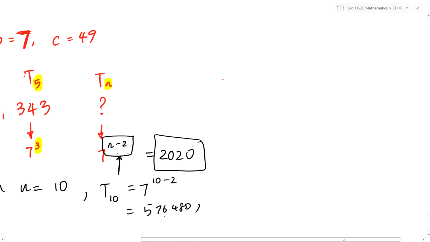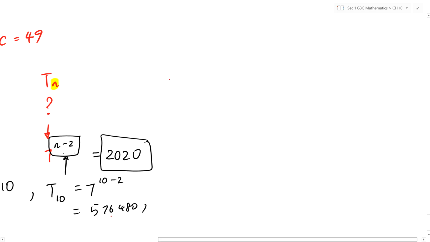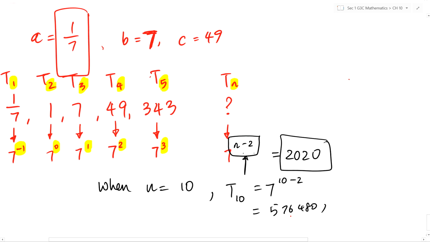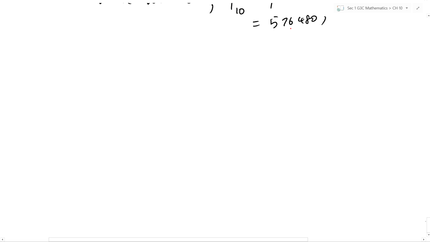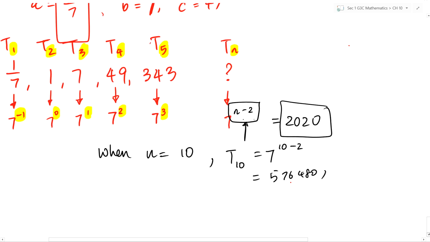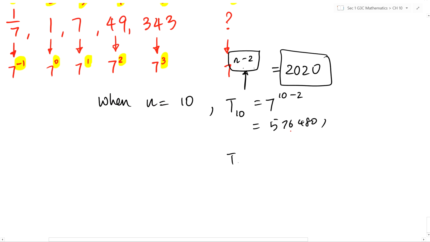Let's try T5. Term number 5. 7 power 5 minus 2. Okay, that's not a good idea because we'll get 7 power 3. Let's try term number 6. So we get 6 minus 2, meaning 7 power 4. Let's see what we get. 7 power 4. 2401.